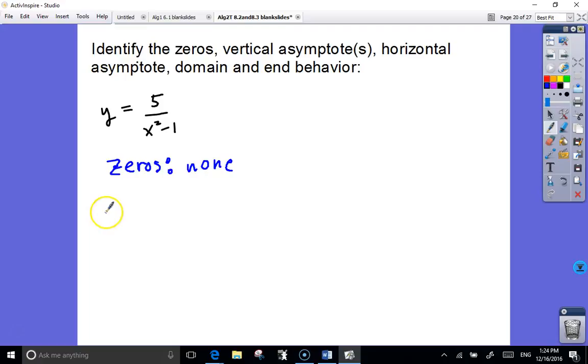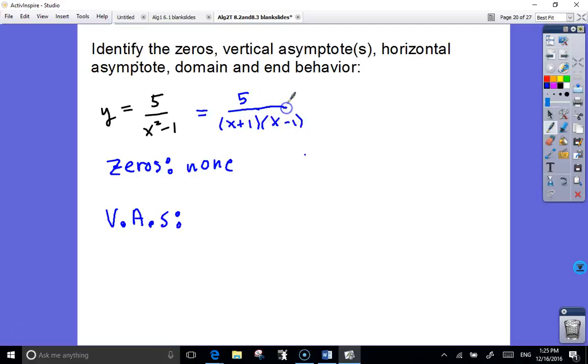Okay, vertical asymptotes. I'm going to abbreviate here. Vertical asymptotes. And actually, there can be more than one, so I'm going to say with an S. This is where you're going to have to get into either factoring or in some way you're going to have to find the zeros. How do we factor x squared minus 1? Here's the difference of squares. x plus 1, x minus 1.